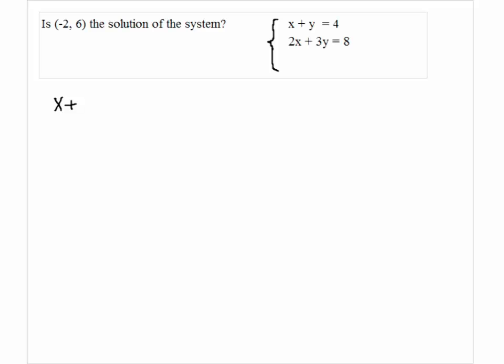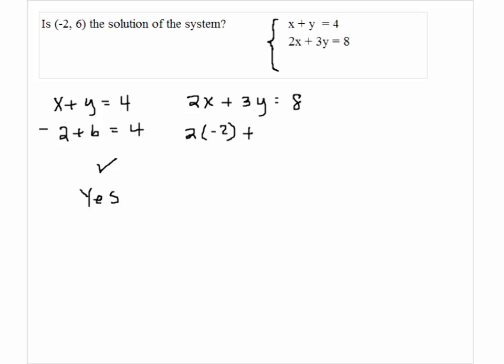So for the first equation, we have x plus y equals 4. So negative 2 plus 6 is 4. This statement is true. For the second equation, we have 2x plus 3y equals 8.